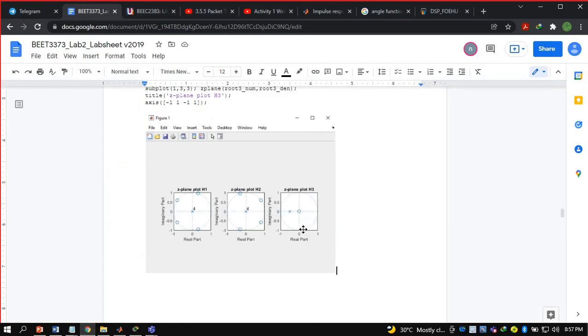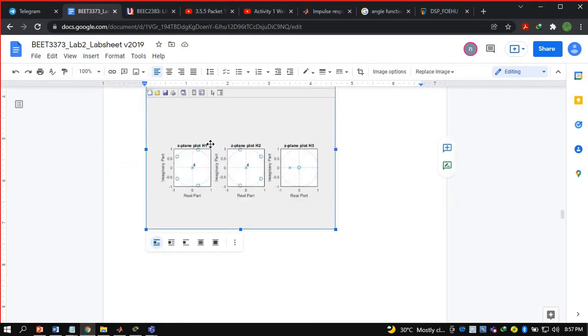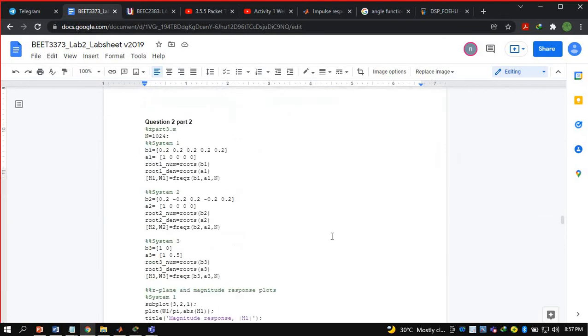Okay, as you can see here, this is the result we get for the Z-plane plot of H1, H2 and H3, where the y-axis is the imaginary part and the x-axis is the real part. So we can see the zeros and the poles.